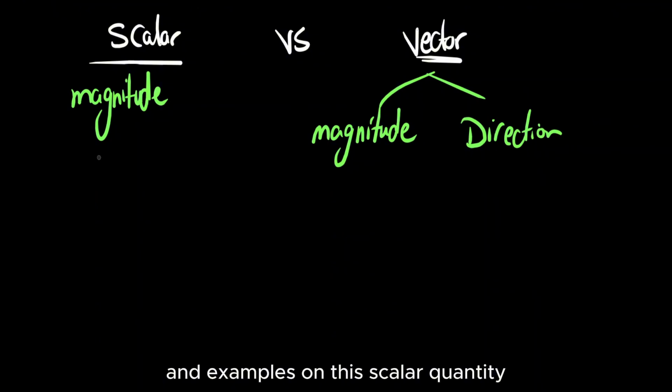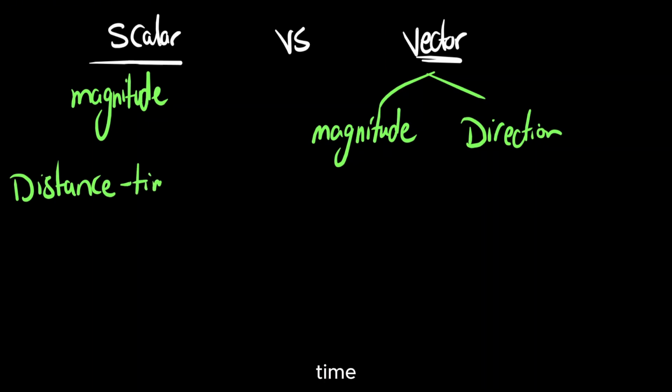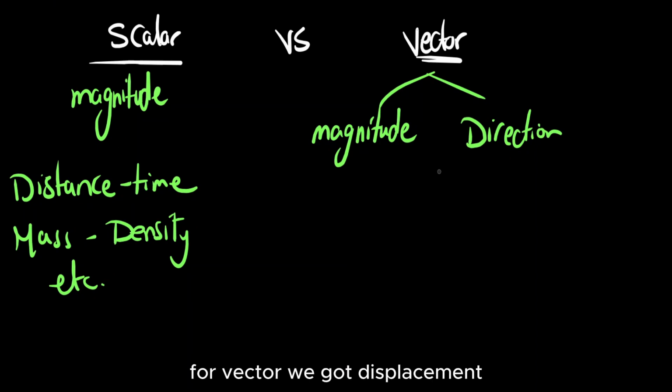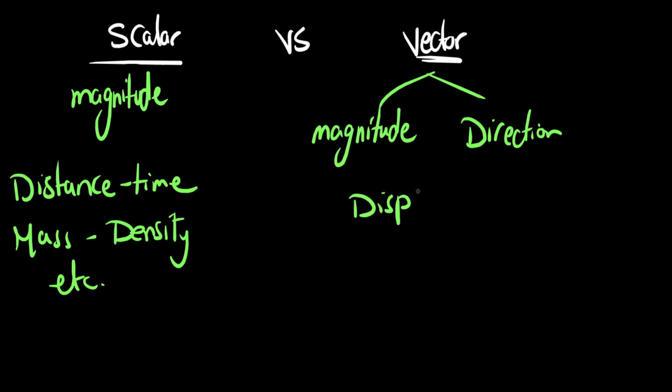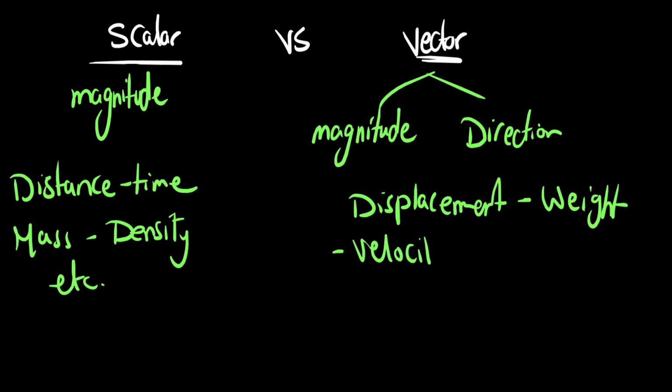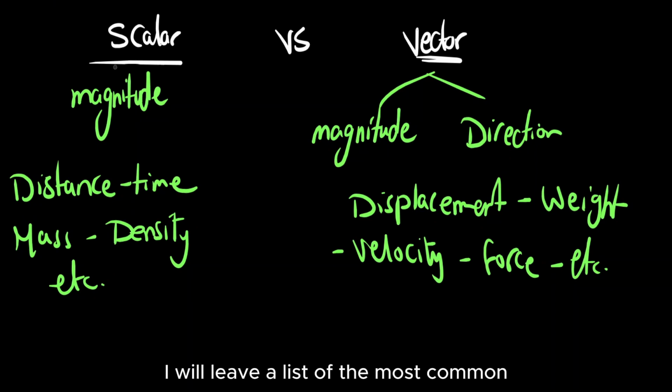Examples of scalar quantities, as we said: distance, time, mass, density, etc. For vector, we've got displacement, weight, velocity, force, etc. I will leave a list of the most common scalar quantities and vectors down in the description so you can check it out when you want to.